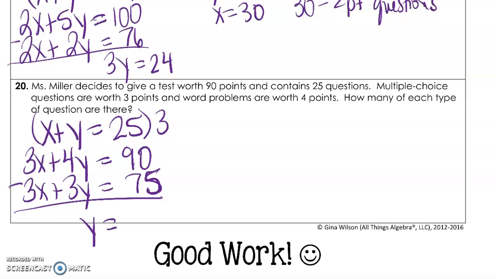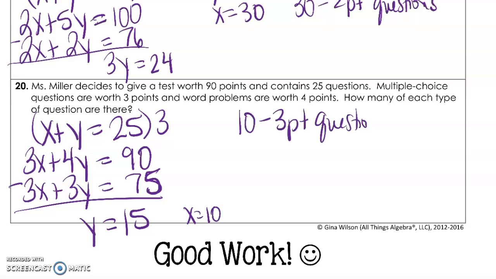Subtract, y equals 15. So if y is 15, that means x has to be 10. So x has the 3. So there are 10 3-point questions, and there are 15 4-point questions.